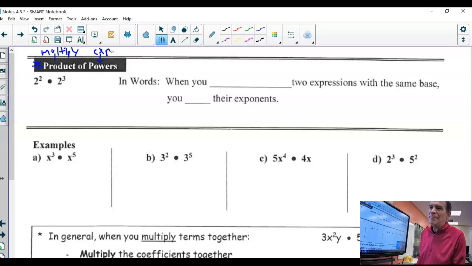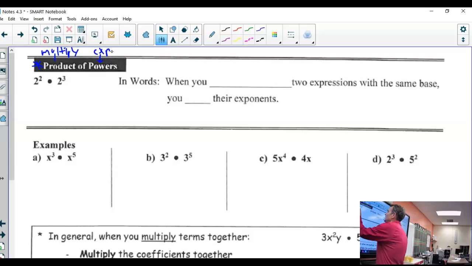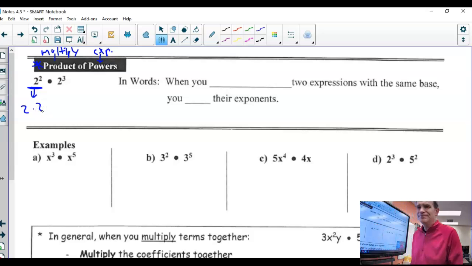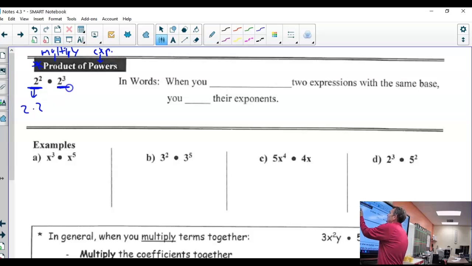Let's look at what happens. The easiest way is to write this problem out in expanded form. We all know what 2 to the second actually equals: 2 times 2. That's what 2 to the second really means. And 2 to the third really means 2 times 2 times 2.